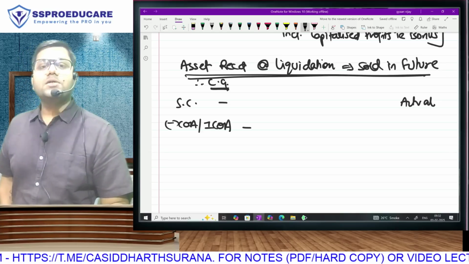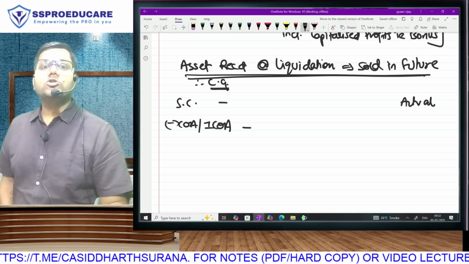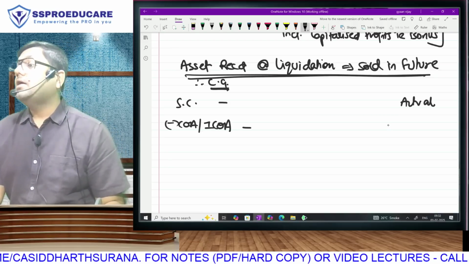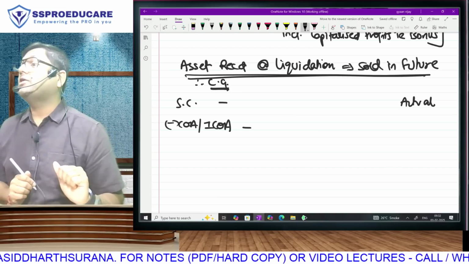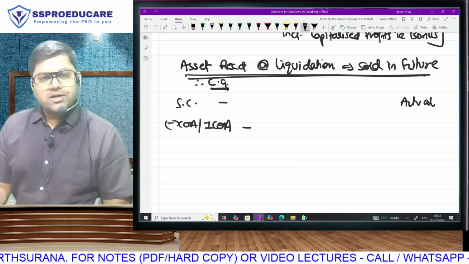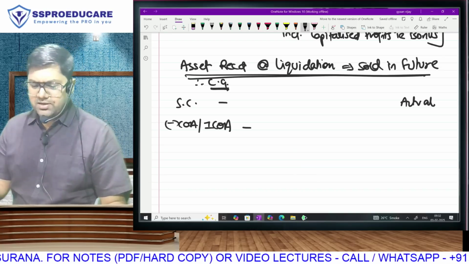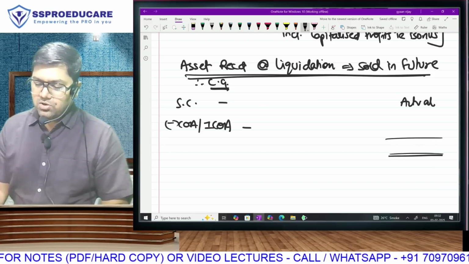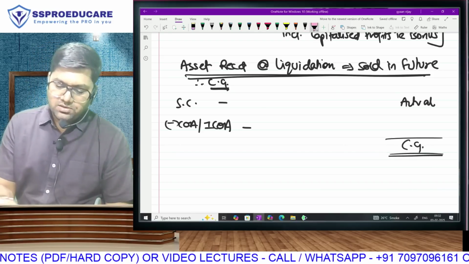This time cost of acquisition has to be complicated because this land, as a shareholder, I had not paid money and purchased. I got this land at the time of liquidation. Sale consideration is whatever we sell in the open market. Ladies and gentlemen, boys and girls, what is going to be the cost of acquisition to give you the capital gain?